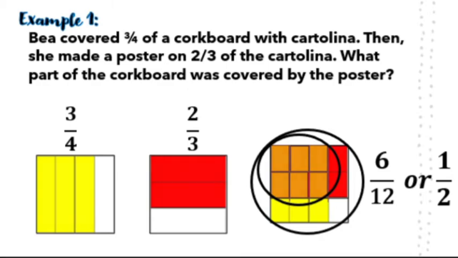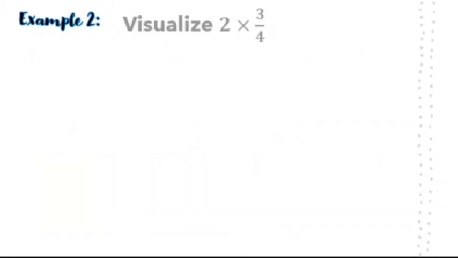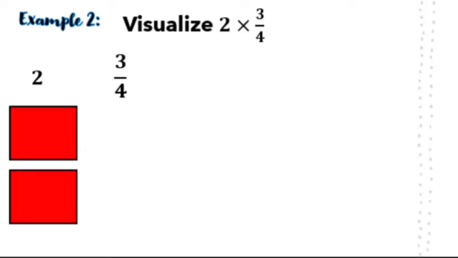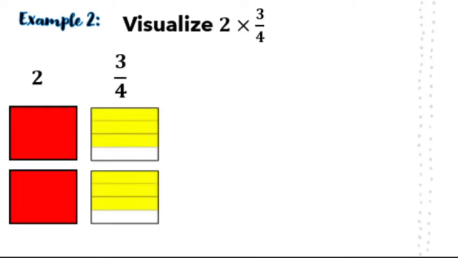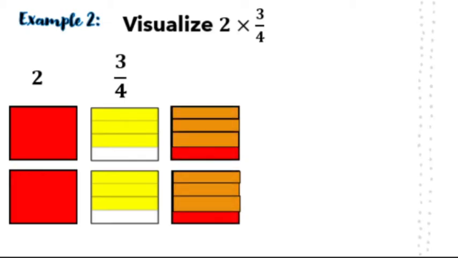Let us have another example. What if you are asked to visualize the product of a whole number and a fraction? 2 times 3/4. Start with listing down the given fractions. Second, visualize it separately. Third, intersect the model to get the product.